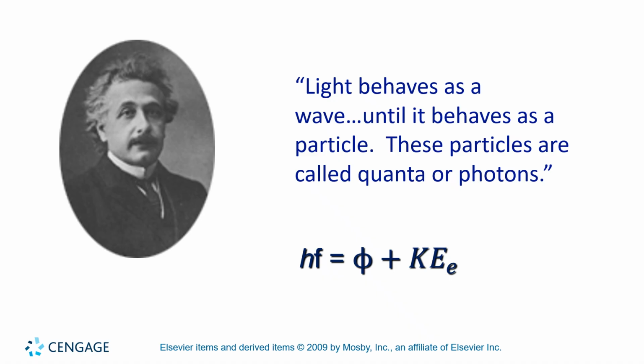The photon disappears. It's completely absorbed by the electron. Some of the energy is spent to free it from its orbital binding energy. And then the rest of the energy manifests as a kinetic energy of the photoelectron. Okay? And so Planck called them quanta.